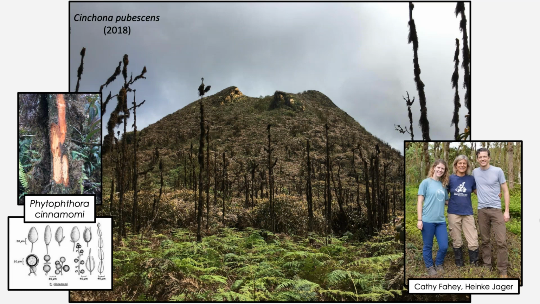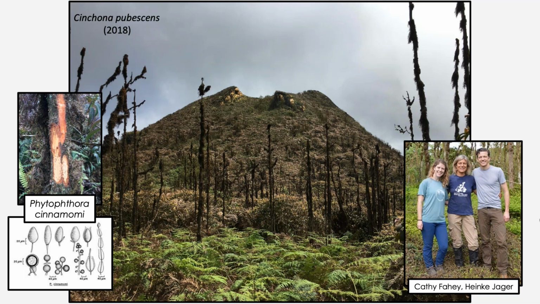And in collaboration with Heinke Jager at the Charles Darwin Foundation and one of my former PhD students, Kathy Fahey, we're working out the population biology of Cinchona and how its decline is altering the response of native species.